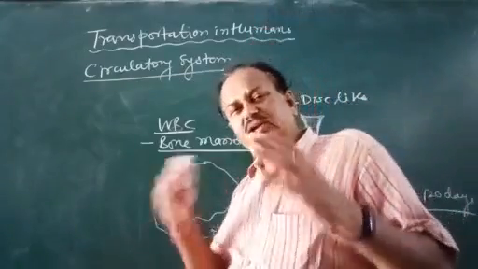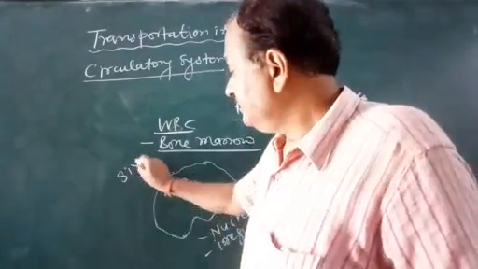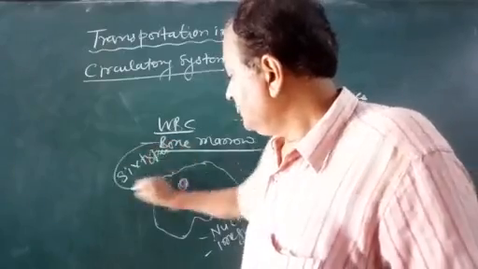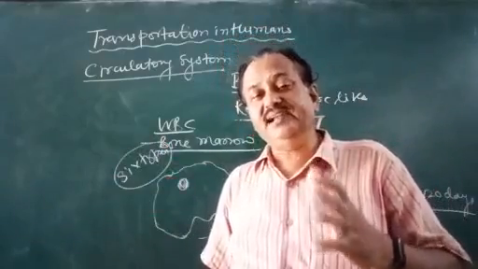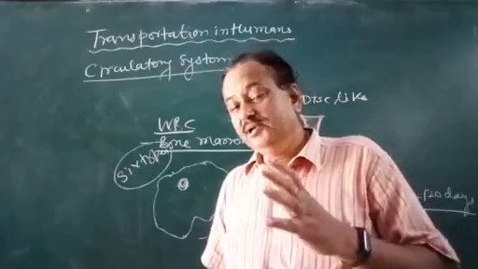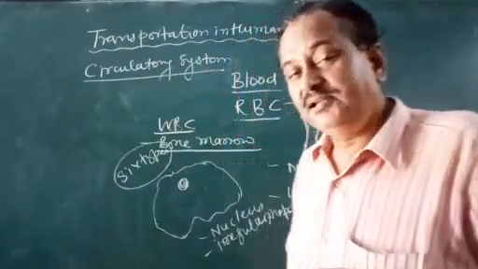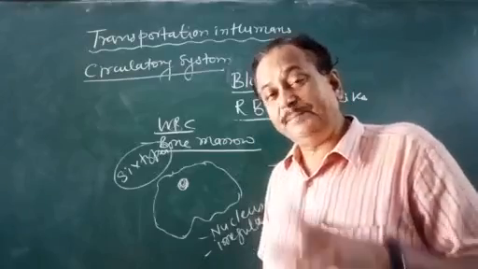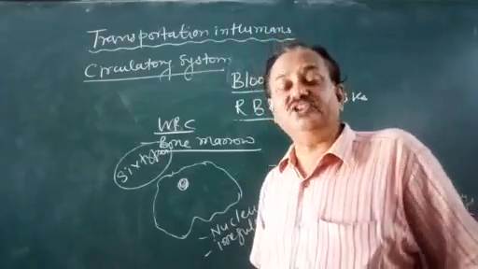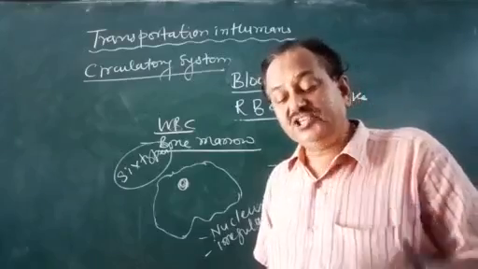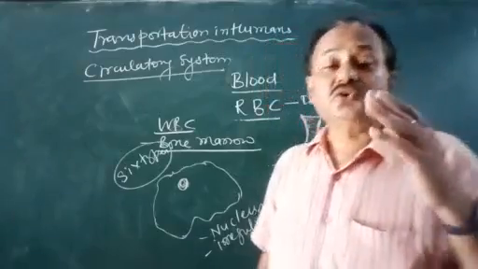WBCs have been classified into 6 different types in different categories. Now, the functions of WBCs. WBCs are responsible for providing immunity, and they have a defensive action also. They kill the germs and viruses or the agents which cause infection.